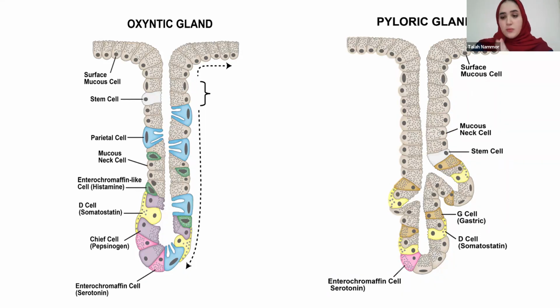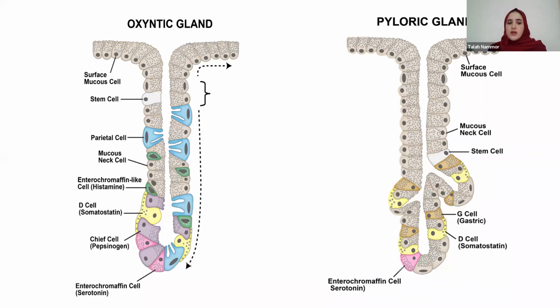Histamine is important because, as someone said, it triggers HCl secretion. We said that the parietal cells release the gastric acid, which is HCl. Of course, HCl cannot be released unless there is the histamine-gastrin axis. Do you guys remember this axis? If you don't, okay, we're just going to talk about it now.